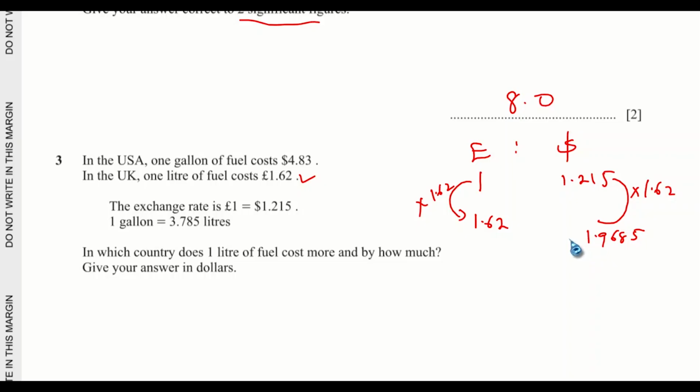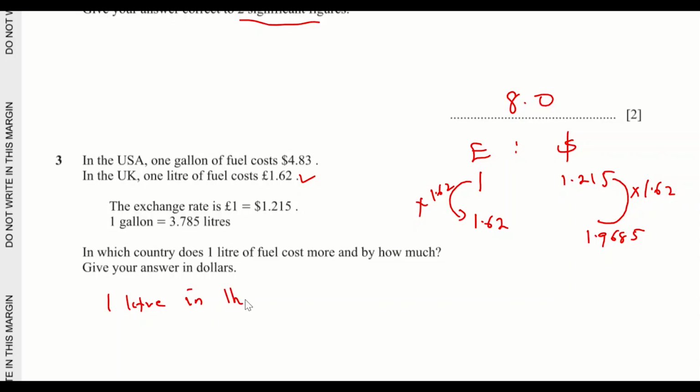So what we need to do now is to find the cost price of 1 liter of fuel in the USA. We can do that by dividing 4.83 by 3.785.